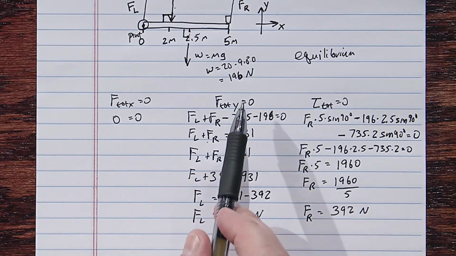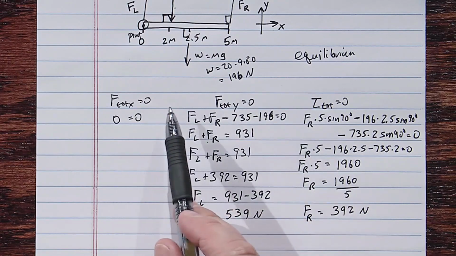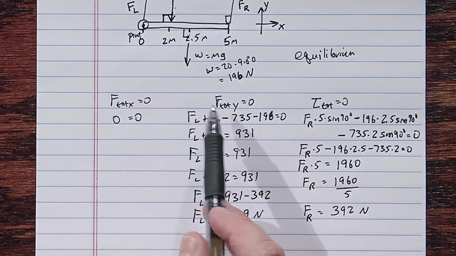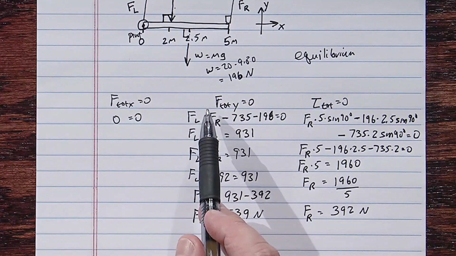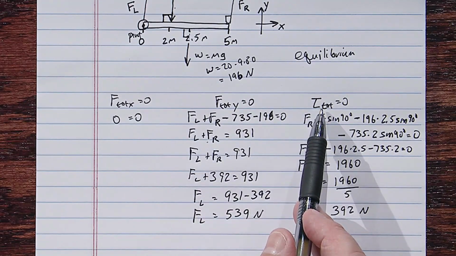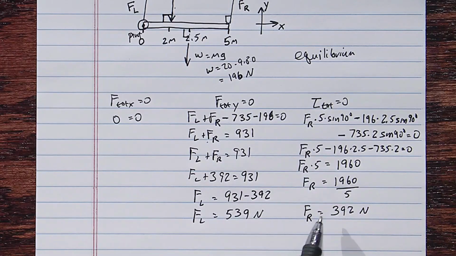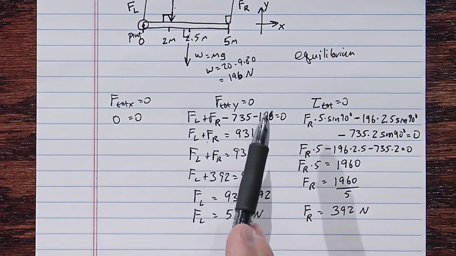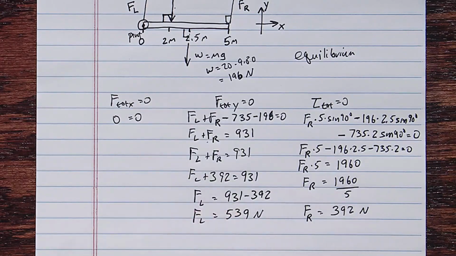So using our Newton's first law equations and our new torque total equals 0 equation, we're able to separately calculate force left and force right, which we would not have been able to do using just our x and y equations.